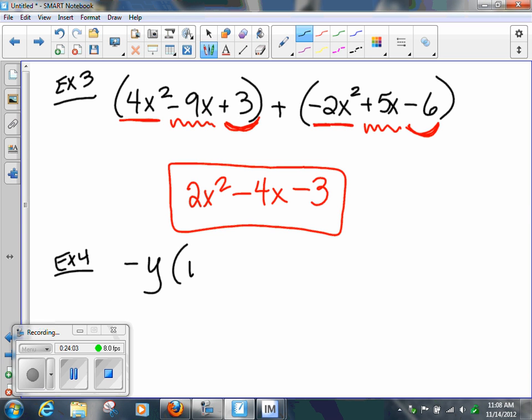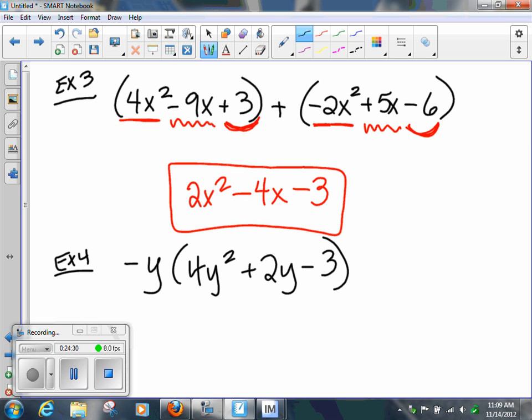Negative y times 4y squared plus 2y minus 3. Don't we have to go over those stupid properties at the beginning of every algebra class, every single year? I hate that part, but we have to.